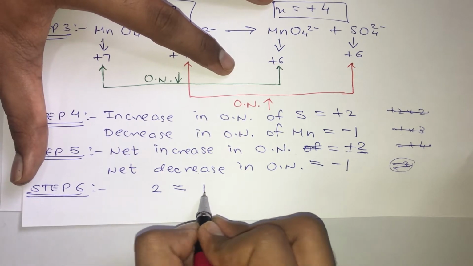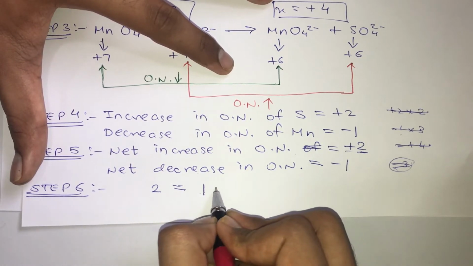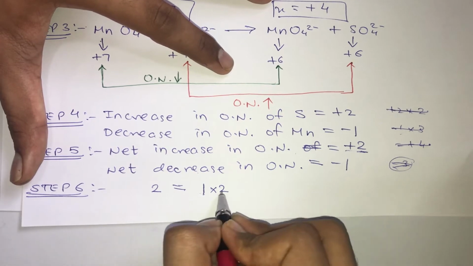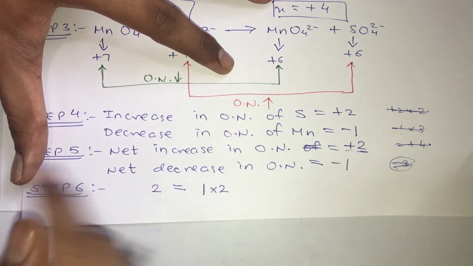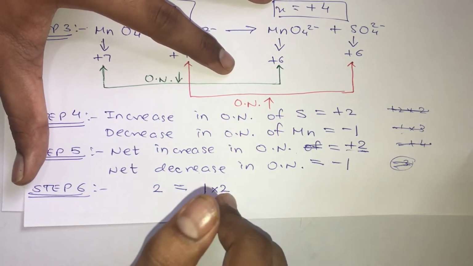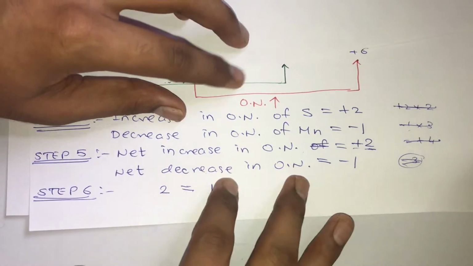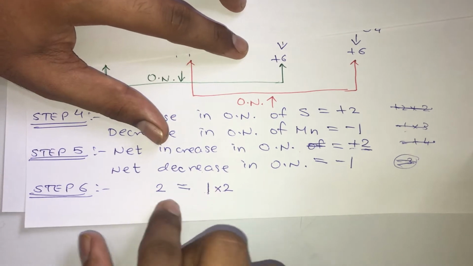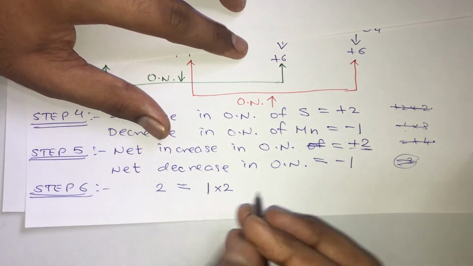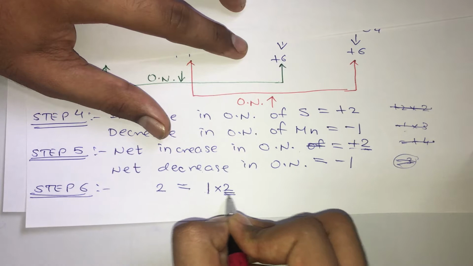How can you make this 1 equal to 2? By simply multiplying it by 2. So 2 times 1 is going to give you 2. Now the left hand side is equal to the right hand side. So now the magnitudes are equal, 2 and 2, and we have made them equal by multiplying by 2.